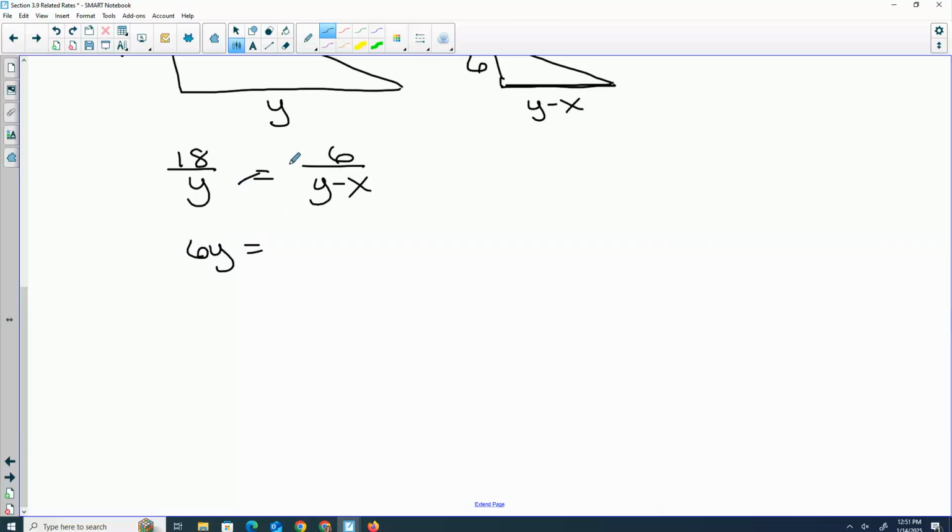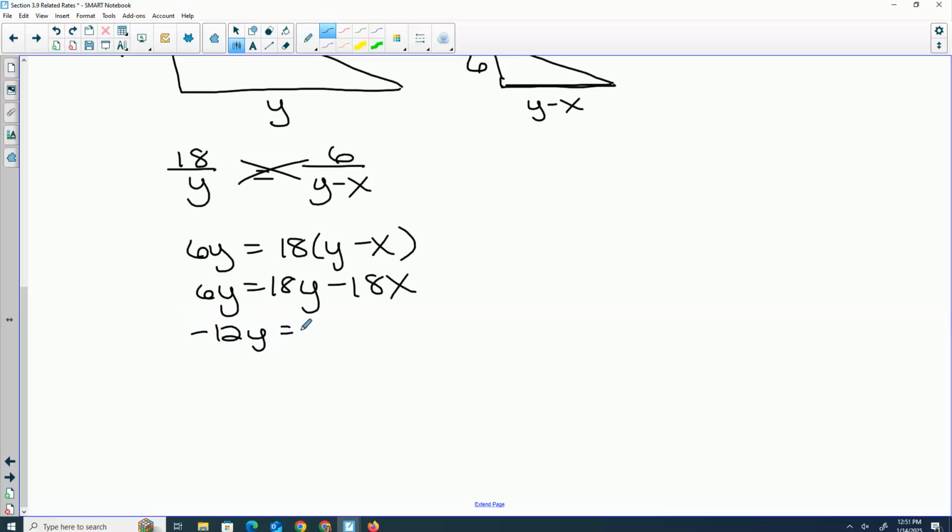So 6y will equal 18 times y minus x. We could simplify this a little more if I brought over my y. Negative 12y is equal to negative 18x. Divide by negative 6, so 2y equals 3x.